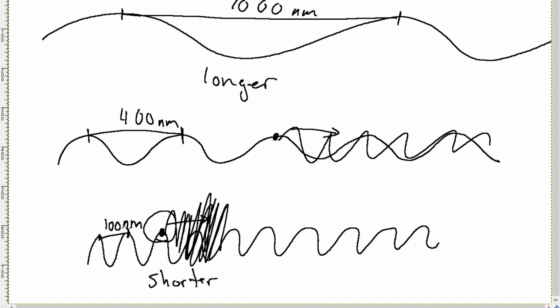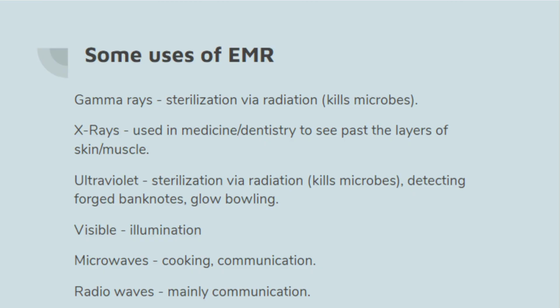So here's some uses of the different types of EMR. Oh, I got to pull it up on here, excuse me. So different types of EMR, we've got gamma rays. Very commonly we use those for like sterilization.